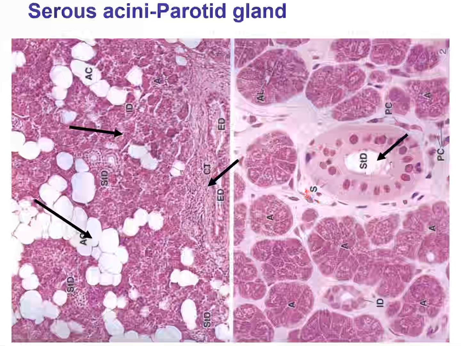In higher magnification, see the serous acini, which has a round nucleus away from the basal side, and this is a striated duct. Striations can be visible towards the base. So these are the characteristics of the parotid gland.